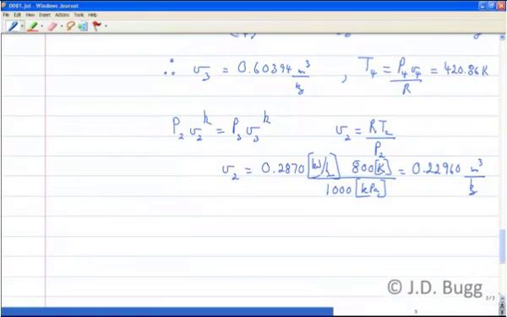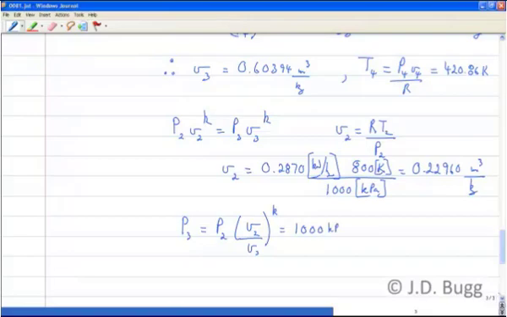Now we go back to our polytropic expression here, and we know everything in there except P3. So we're really starting to get some properties at point 3 that we can use. So P3 is P2, V2 over V3 to the K. And again, that allows us to calculate our P3.